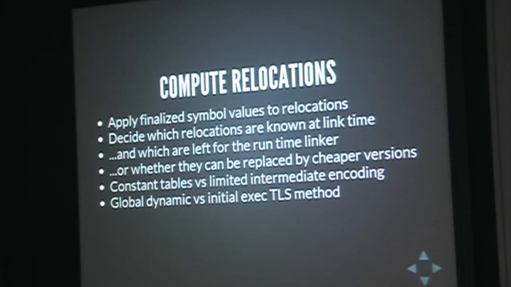Well, it's a bit more complicated if we're doing dynamic linking, because in that case we still have references to shared libraries. So we have to decide which of those are still kept. And sometimes we can replace them with cheaper versions. For example, if we have a hidden symbol in a library, that means the symbol can only be used inside this library.